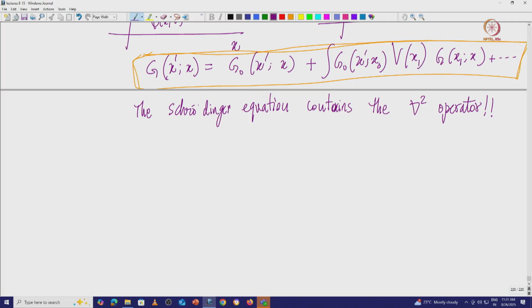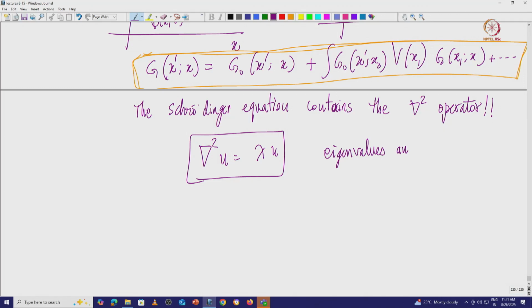Now the del square operator has an eigenvalue equation in this particular fashion. So these are eigenvalues and eigenfunctions of the del square operator, and they are orthonormal.